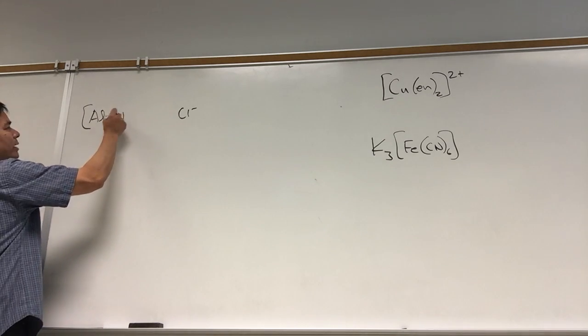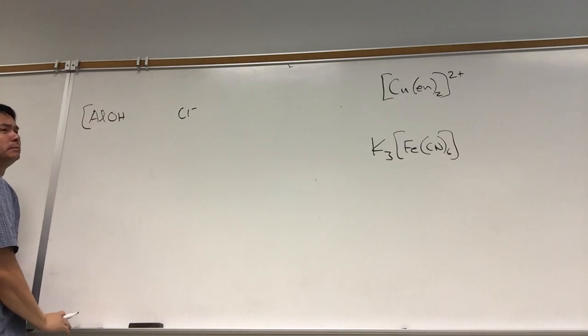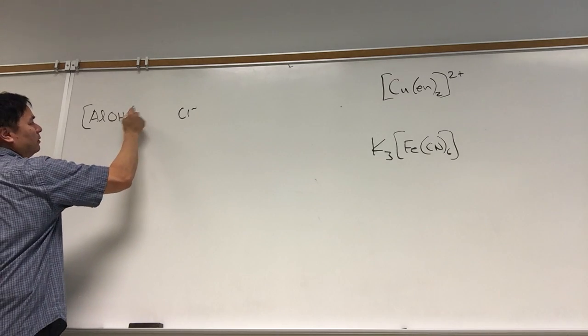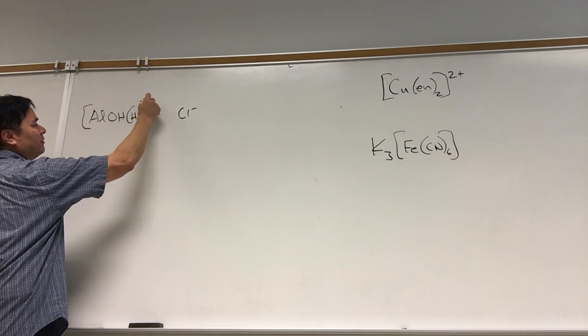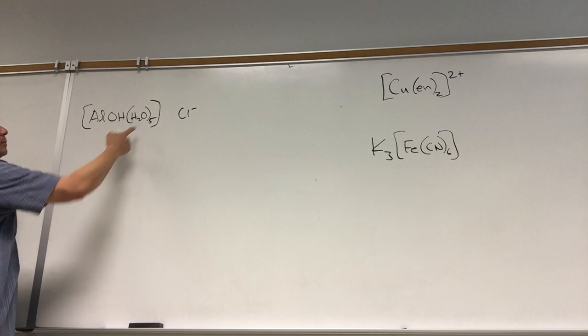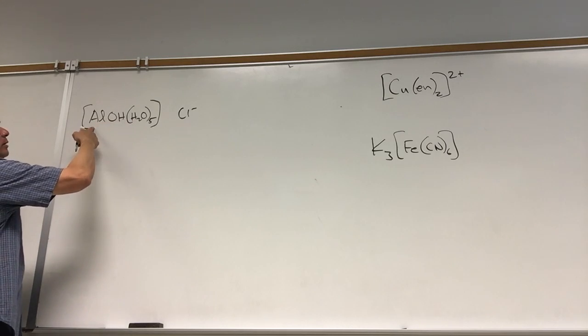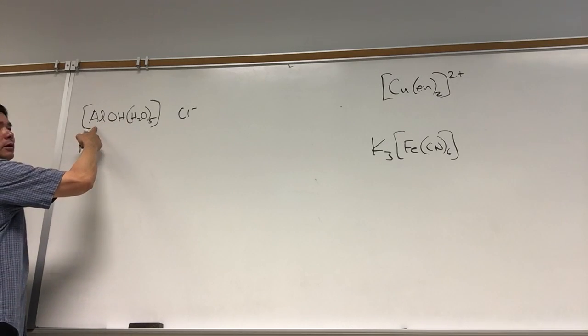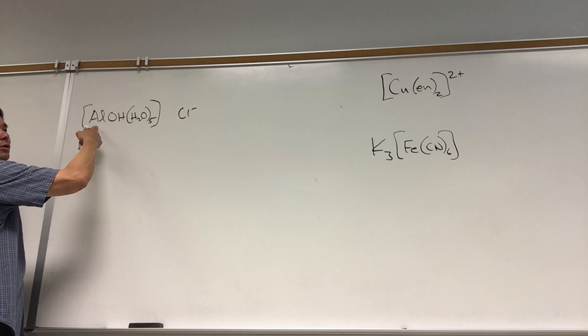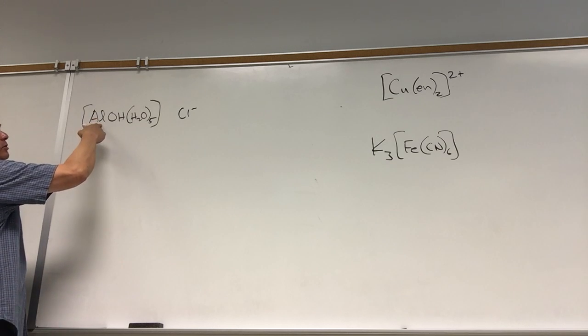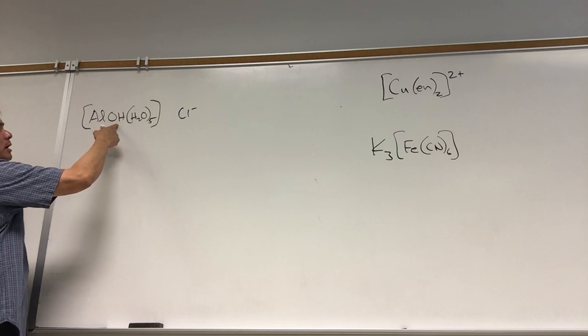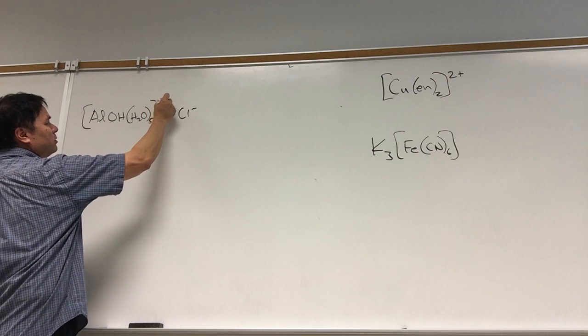And so AlOH. And then I write the neutrals in alphabetical order. Well, I only have one neutral. It's aqua. And I have 5 of those. And so this would be penta aqua hydroxo aluminate, or no, aluminum. Well, the charge on aluminum is 3 plus. So this is plus 3. Hydroxo is minus 1. And so this little thing is going to be 2 plus.